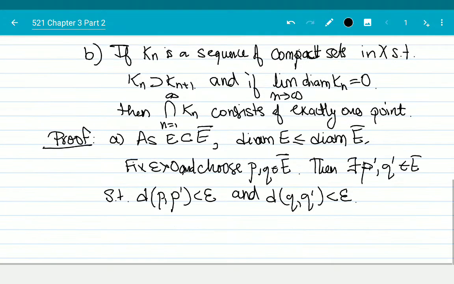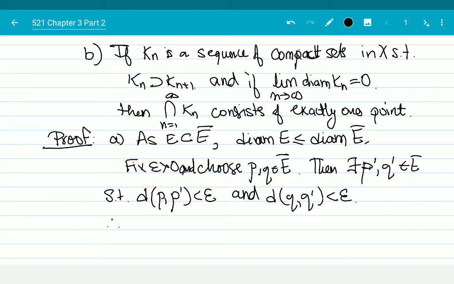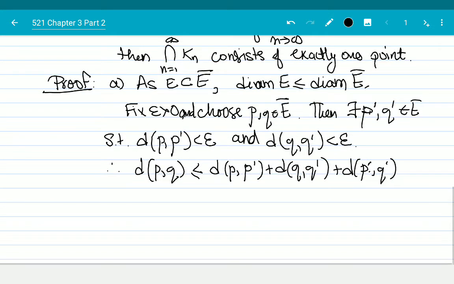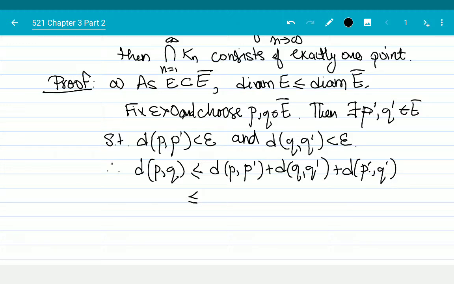Okay? Therefore, the distance of P comma Q is smaller than or equal to the distance of p comma p prime plus the distance of q comma q prime plus the distance of p prime comma q prime, and this is smaller than or equal to, well, what is the maximum value of the distance of p prime comma q prime? It is the diameter of E.